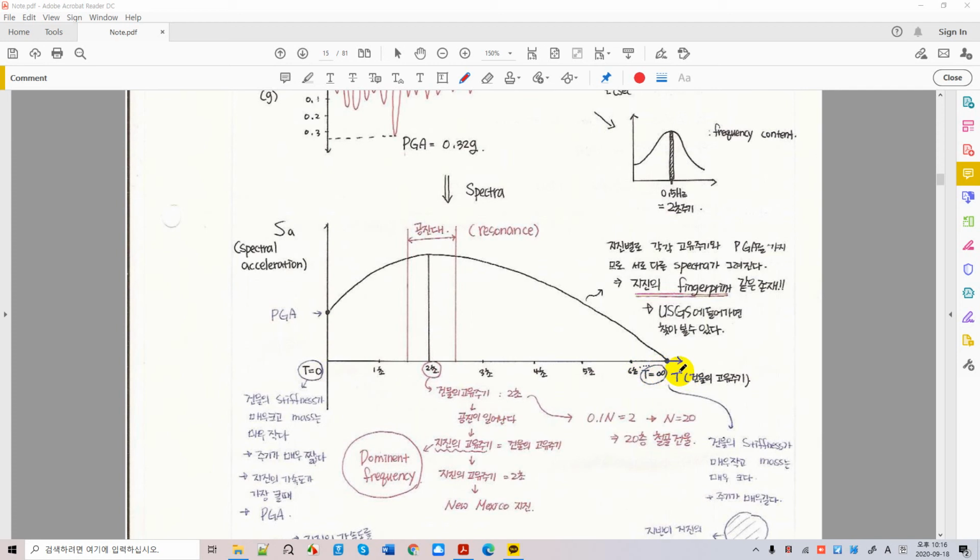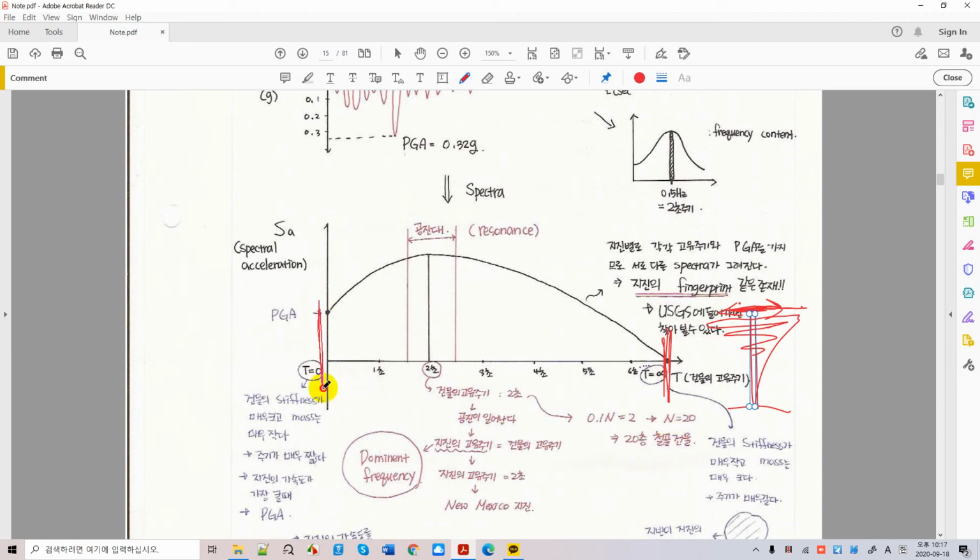So T equal to infinity means once you have a building, the vibration takes forever, theoretically. It goes and does not come back, right? The period is infinity means you go and do not come back, right? So this is a very flexible building when T equals infinity.